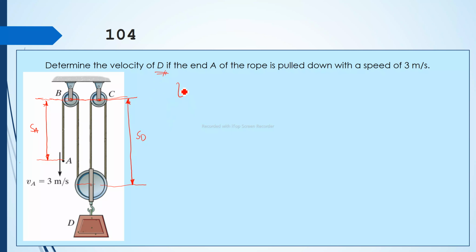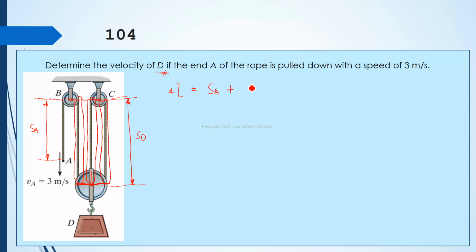So the total length of this cord is equal to, from left to right, SA plus, as this system moves up or down, these three lengths here will be equal along the motion of these two particles.